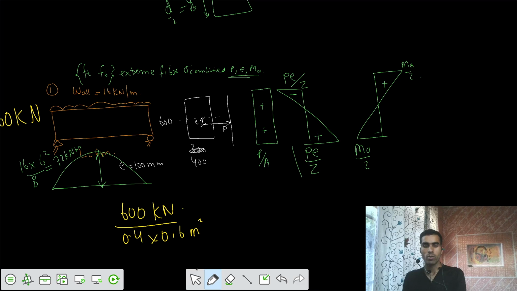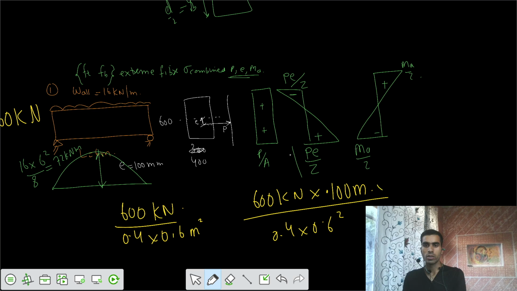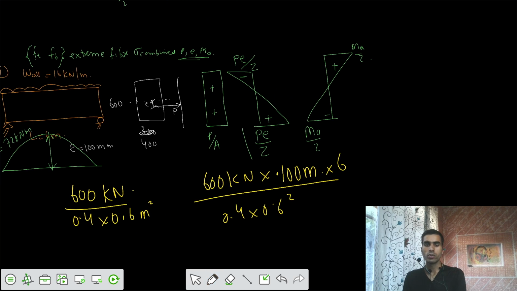And one more value, PE by Z: 960 kilonewton, eccentricity E of 100 millimeters, 0.1 meter, divided by Z, BD square by 6, in meter cube.